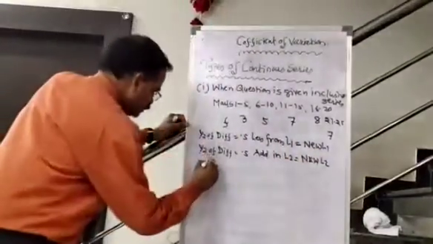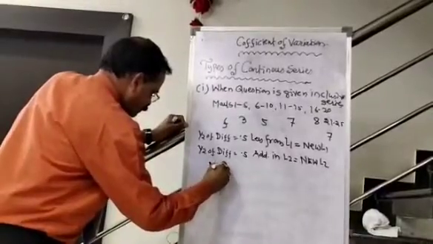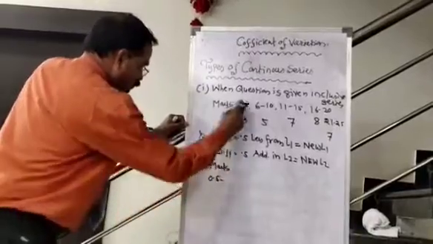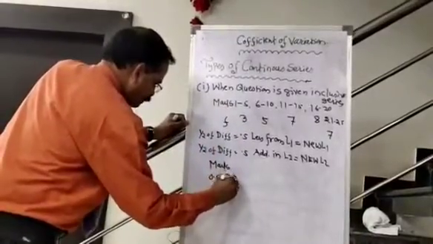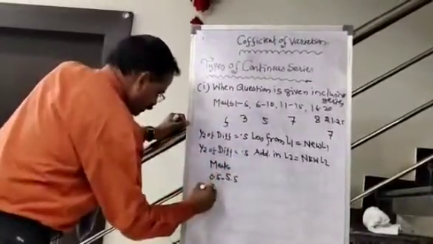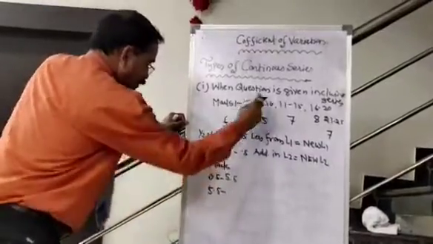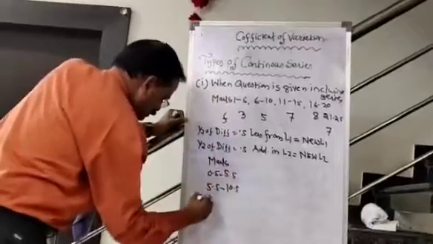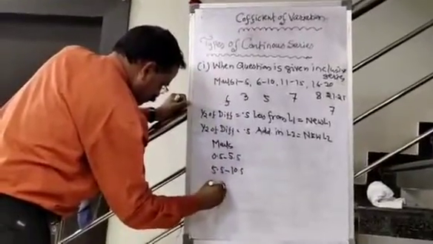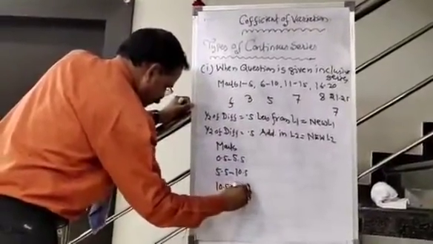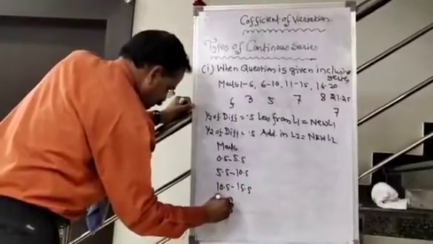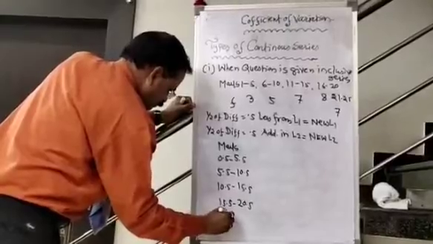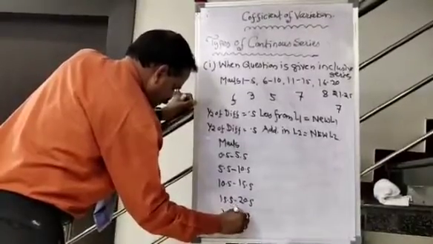In the condition of this example, marks 1 minus 0.5 is 0.5, 5 plus 0.5 is 5.5, 6 minus 0.5 is 5.5, 10 plus 0.5 is 10.5, hence 10.5 to 15.5, 15.5 to 20.5, and 20.5 to 25.5.